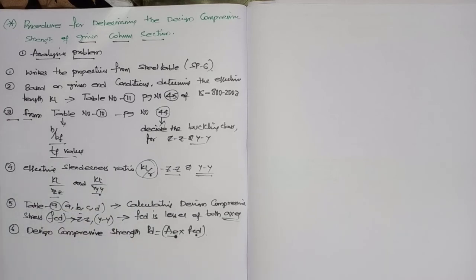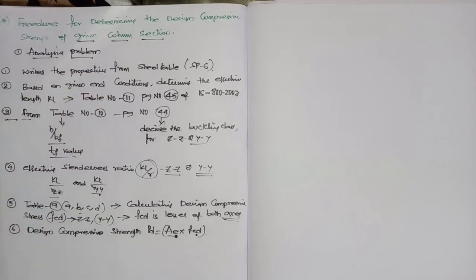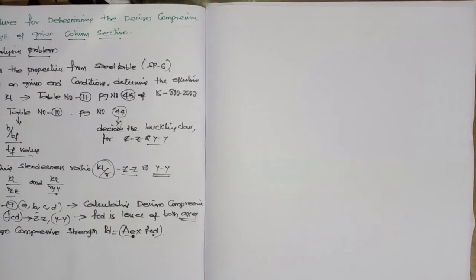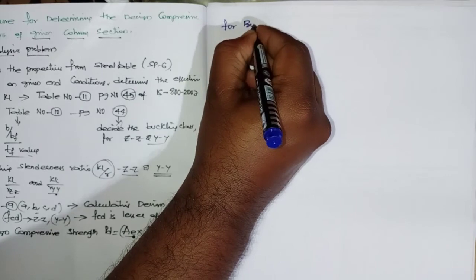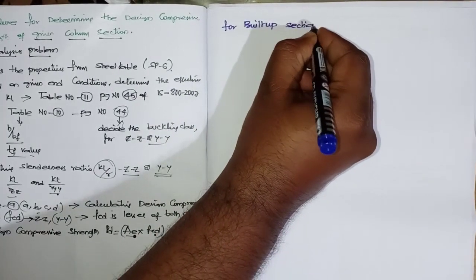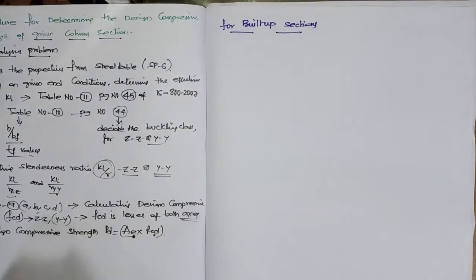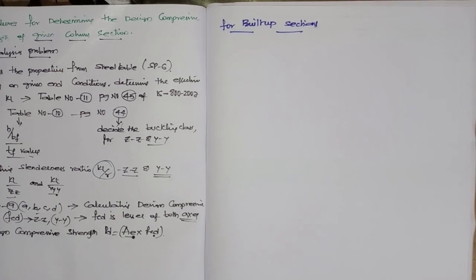Next, if this is a normal rolled steel section, our procedure will be good. Suppose it is a built up section, I explained in this video at the start what a built up section is. If the rolled steel section directly is not able to take the load, then you do some alterations or modifications, and that is nothing but a built up section.